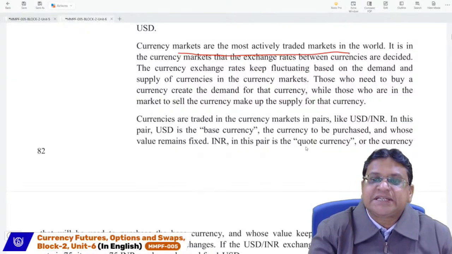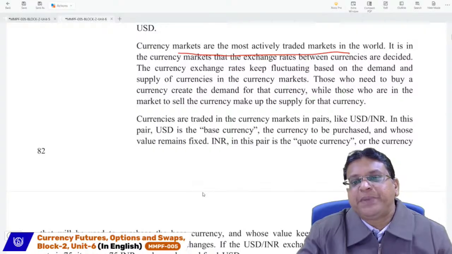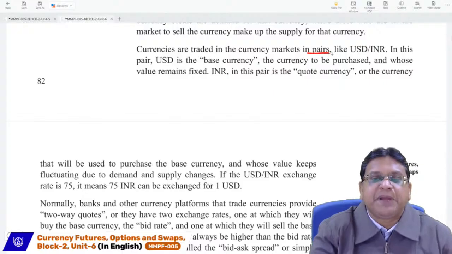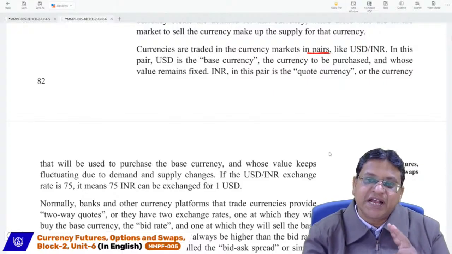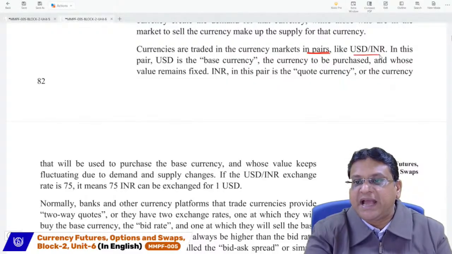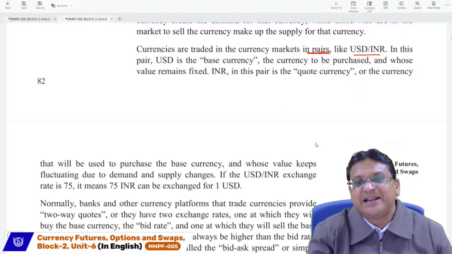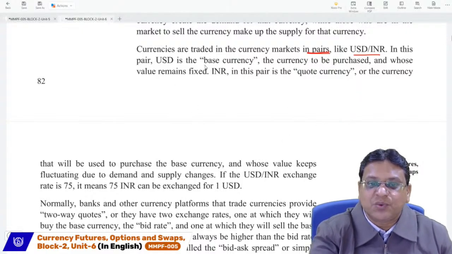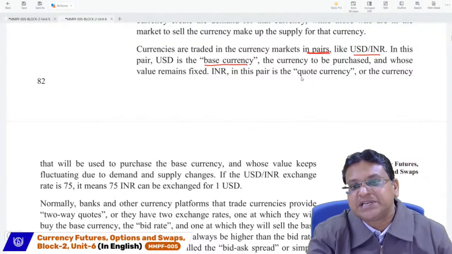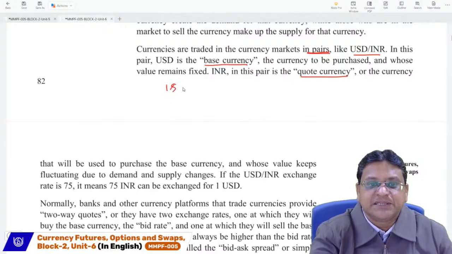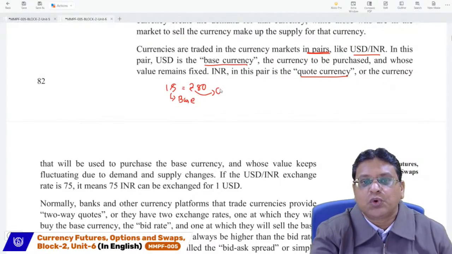Currencies normally are traded in pair form. In currency market, pair trading takes place. What is pair trading? Pair trading means currencies are traded in pairs, like USD INR. In this case, two currencies are traded at a time. One currency is known as base currency and the other currency is known as quote currency. Let's take an example. $1 is equal to rupees 80. In this case, dollar is base currency and rupee is quote currency.